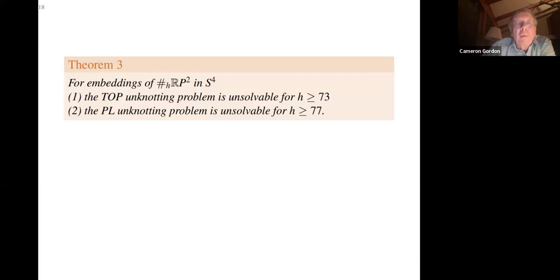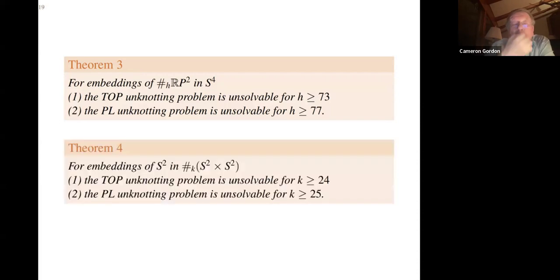And then for two spheres, for embeddings of S2 in connected sums of S2 cross S2, you get completely analogous theorems to theorems 1 and 2. Namely, the topological unknotting problem is unsolvable as long as you have at least 24 copies of S2 cross S2, and 25 in the PL category.